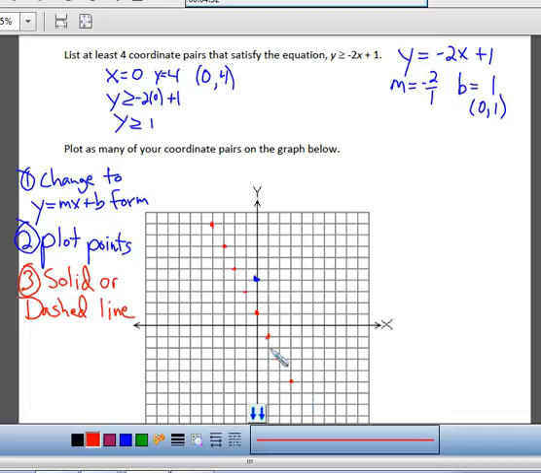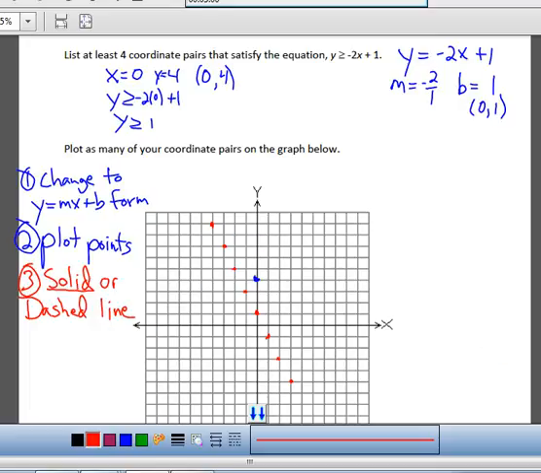But because it's greater than or equal to, I can include these, so that's going to be a solid line. I'm going to underline the solid, because in our inequalities, if the inequality is underlined, it's going to be a solid line. If it's just an inequality and not greater than or equal to, then it would be a dashed line.